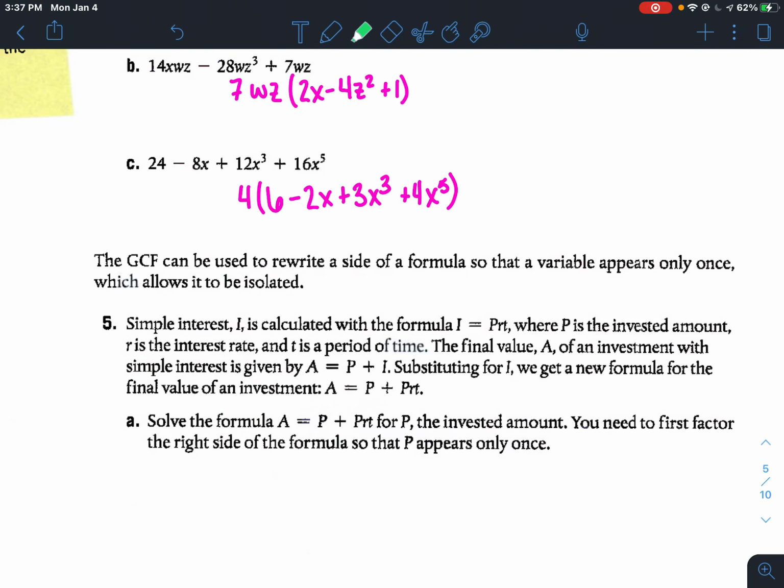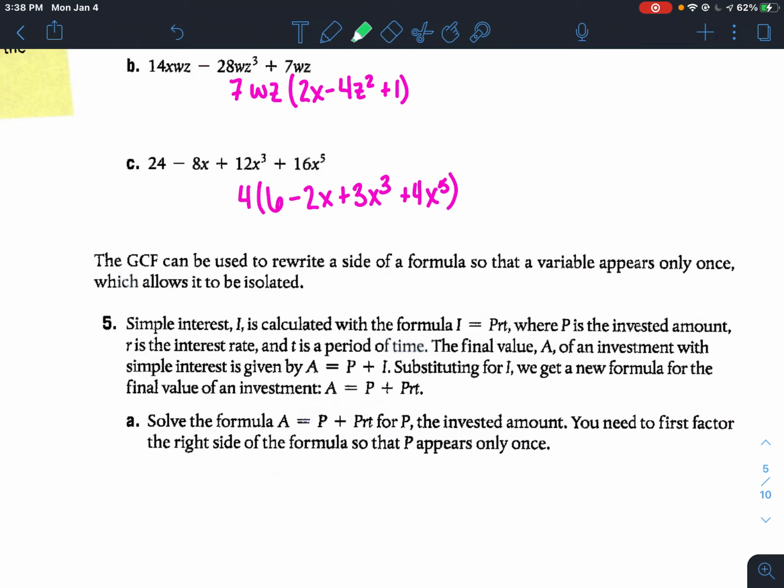Okay. Number 5. The GCF can be used to rewrite a side of a formula so that a variable appears only once, which allows it to be isolated. Simple interest is calculated with the formula I equals PRT, where P is the initial amount invested, R is your interest rate, and T is the period of time.